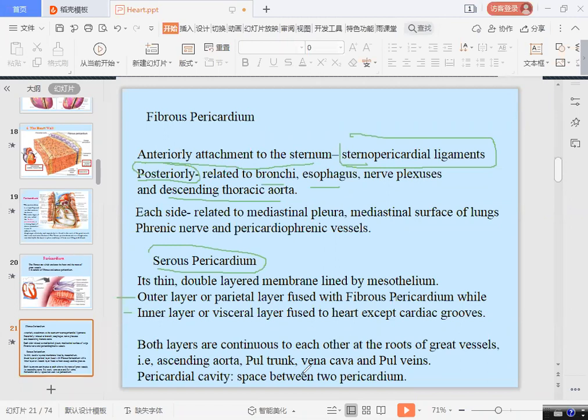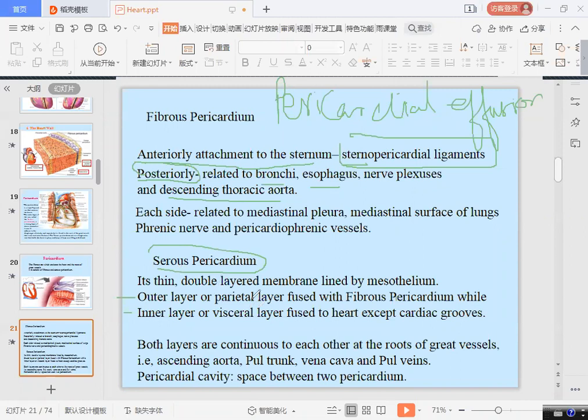And what is the significance of this pericardial fluid? Yes, it helps to minimize friction during contraction and relaxation. There is a condition known as pericardial effusion. This effusion does not occur in the parietal layer, it actually occurs in the visceral layer.